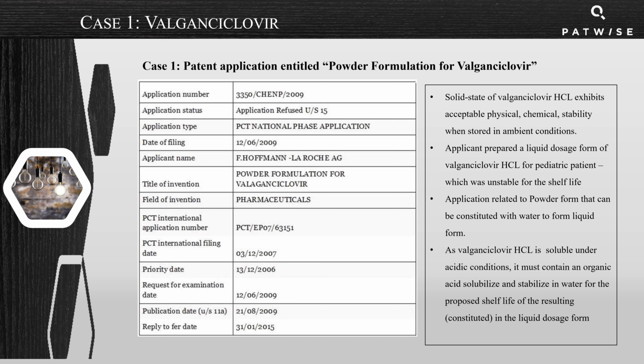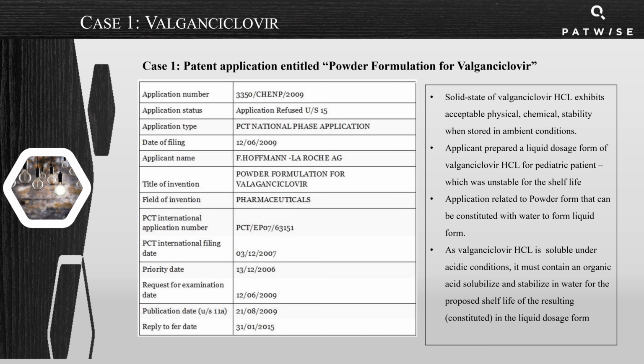Patent application entitled Powdered Formulation for Valganciclovir. The solid state of Valganciclovir HCl exhibits acceptable physical chemical stability when stored in ambient conditions. The applicant of the present invention prepared a liquid dosage form of Valganciclovir HCl for pediatric patients which was unstable for the shelf life. The application was related to a powder form that can be constituted with water to form the liquid form.